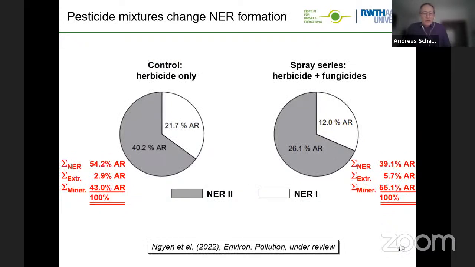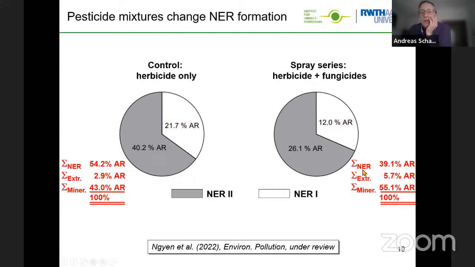So coming back to my topic, the mixtures, you see that measuring the non-extractable residues of the herbicide alone, you have 54% of the applied radioactivity being NER. And in the presence of the fungicides, you have significantly lower amounts of NER.